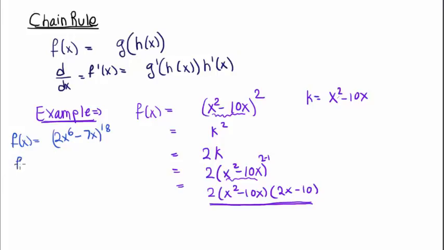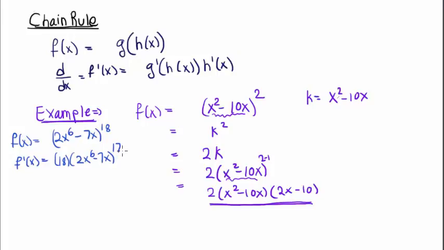So the first thing that we'll do, and I'm not going to do k is equal to the inside over here. Okay, the first thing we do is bring down the 18. Keep the coefficient, which is 1 over here. So it'll be 18. Then we keep the same function, 2x to the 6 minus 7x. Then we take away 1 from the exponent, so this is 17.